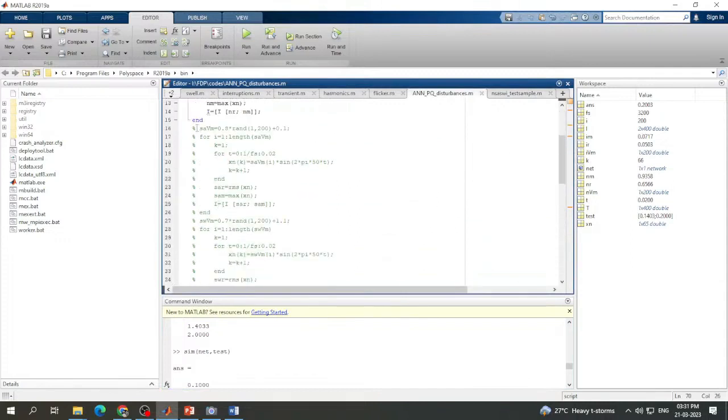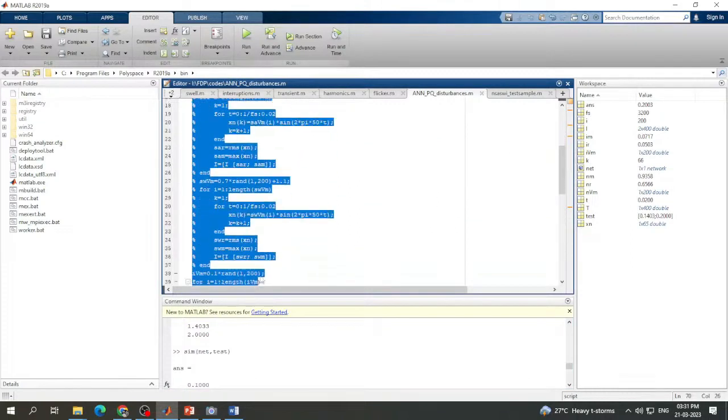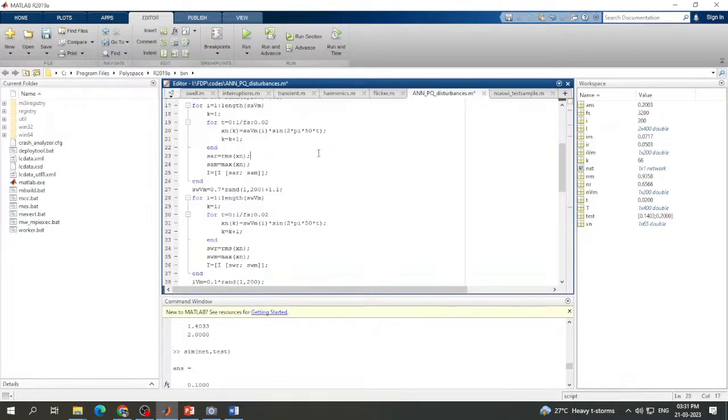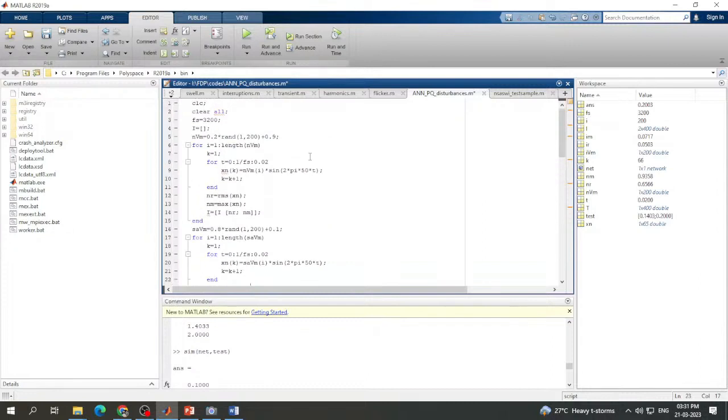Suppose now these 2 lines are for sag and swell. So here I am now going to classify 4 disturbances. One is interruption, one is sag, normal and swell. Interruption ranging from 0 to 0.1, sag from 0.1 to 0.9, normal is 0.9 to 1.1, and swell is 1.1 to 1.8.